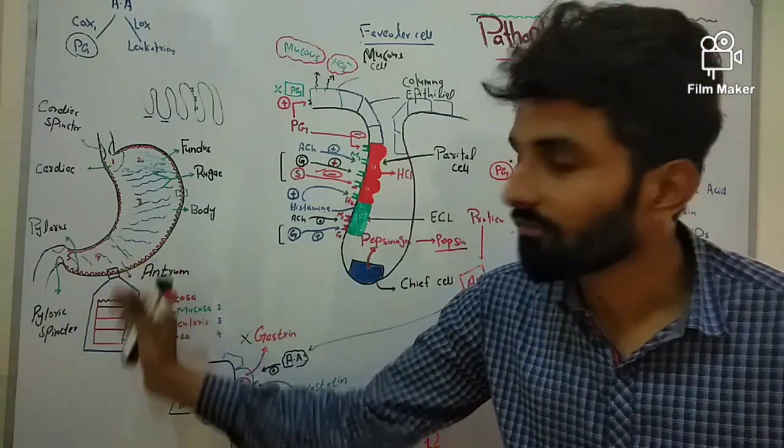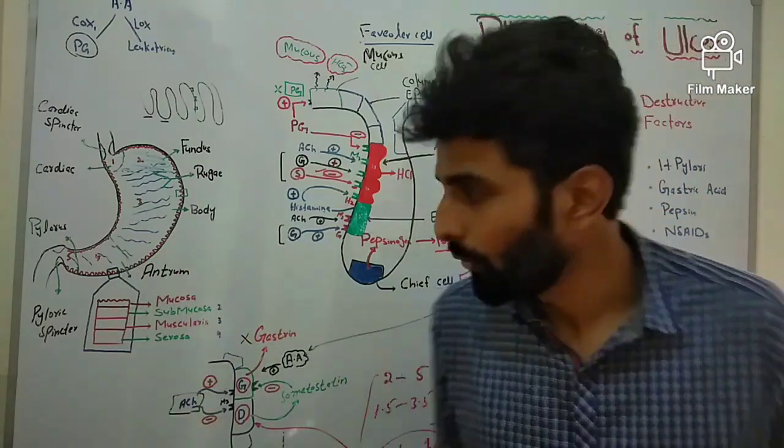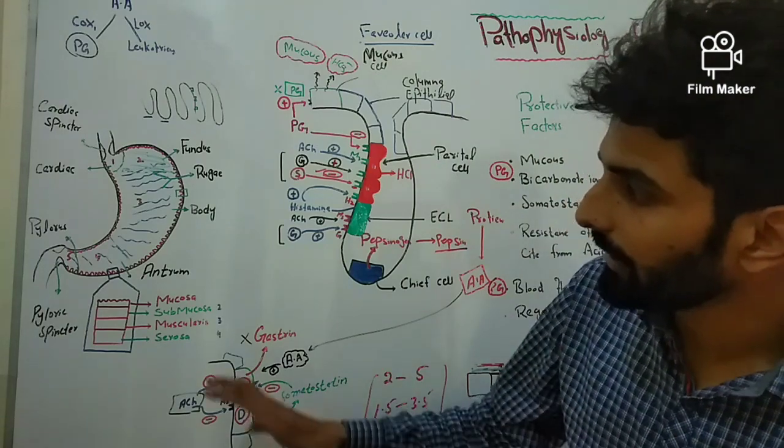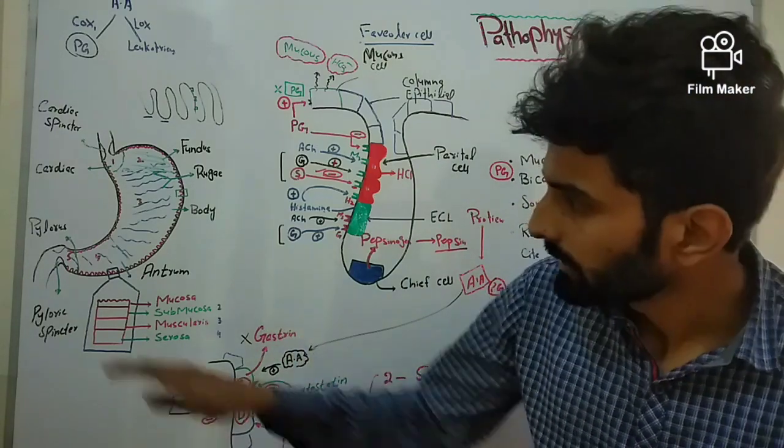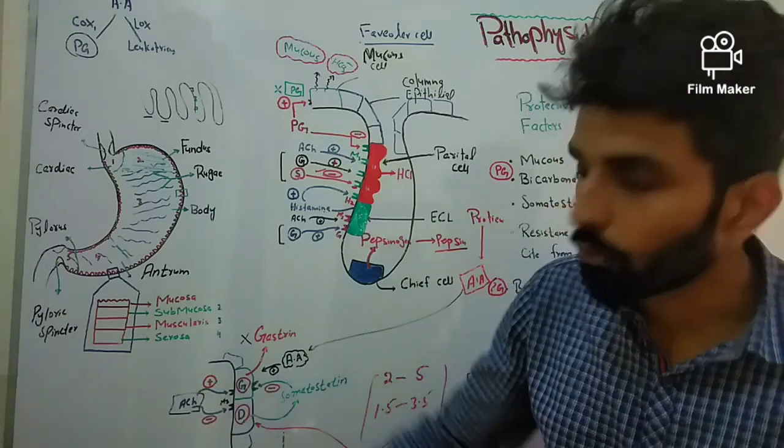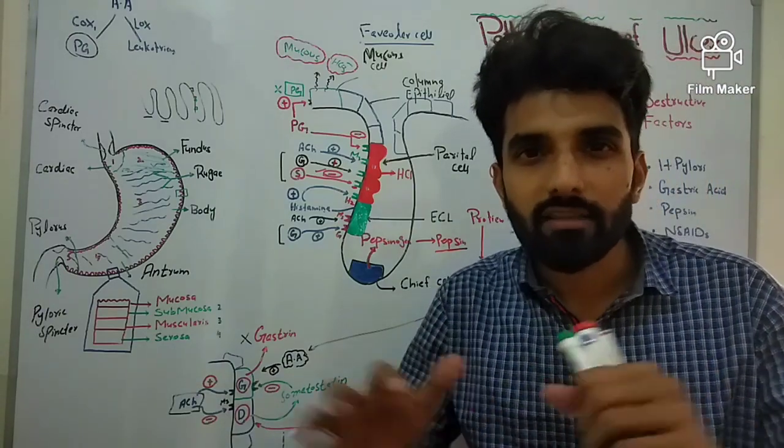If we talk about the wall of the stomach, it is made up of 4 layers. The innermost layer is called the mucosa.